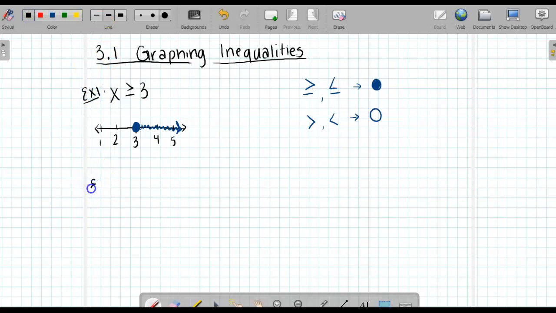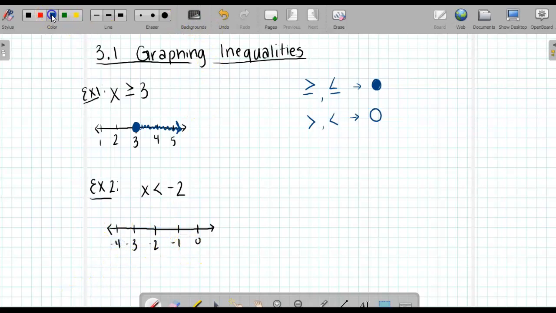If I have example 2, I'm going to graph x is less than negative 2. So if I draw my number line for this problem, if you had 0 right here, then you'd have negative 1, negative 2, negative 3, negative 4 as you go to the left there.